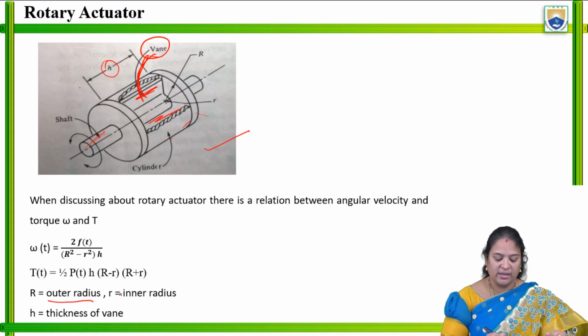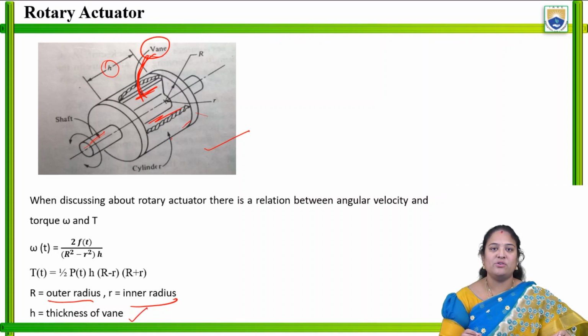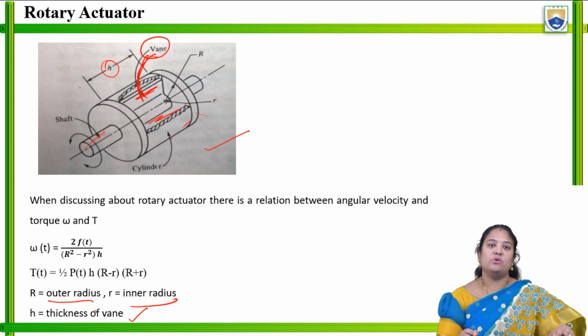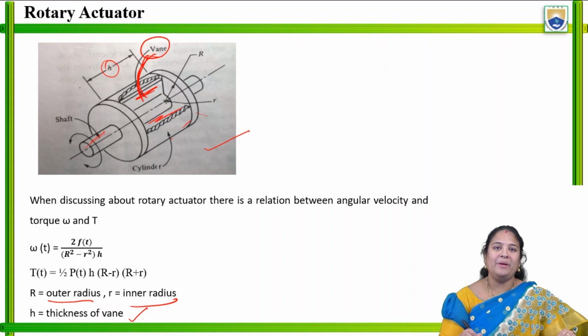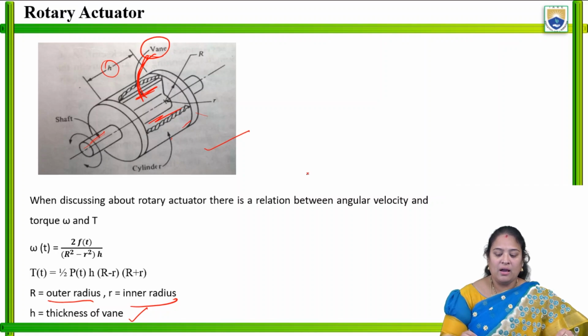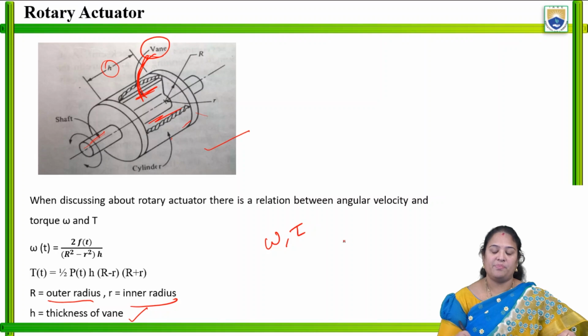As I've told you, outer radius and inner radius, and H is the thickness of the vane. That is, the thickness of this particular vane is determined by H. So when you come across the rotary actuator, it generally works based upon the angular velocity and the torque, right?